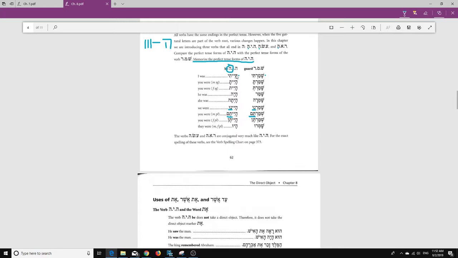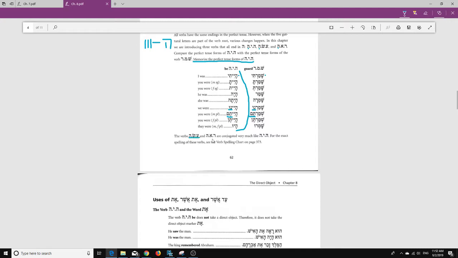So really, the important thing is to be able to recognize from these words that this is the verb haya, hey yod hey. Hayiten, shamarten. Hayu, shamru, sorry. Shamru, hayu. Okay? So go ahead, you will need to memorize this.